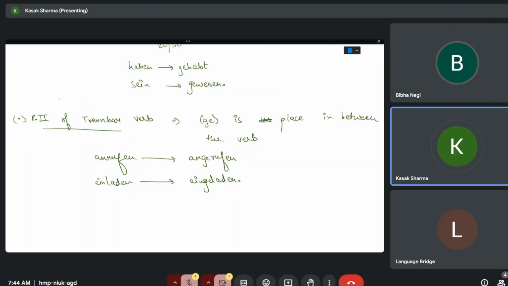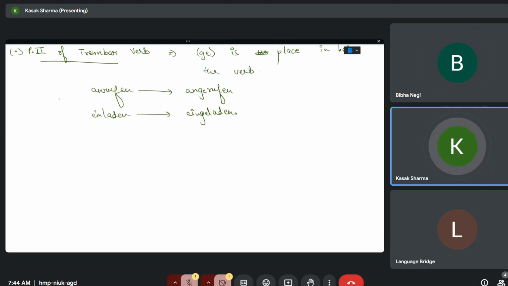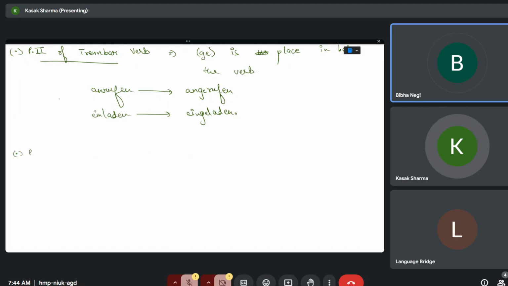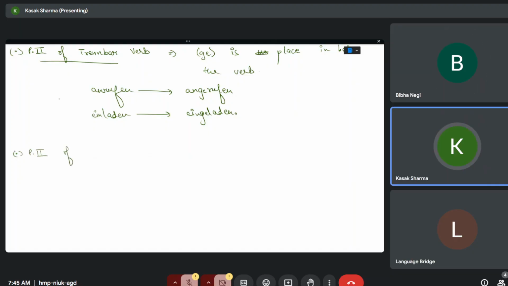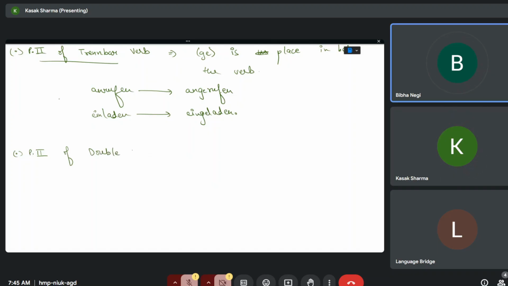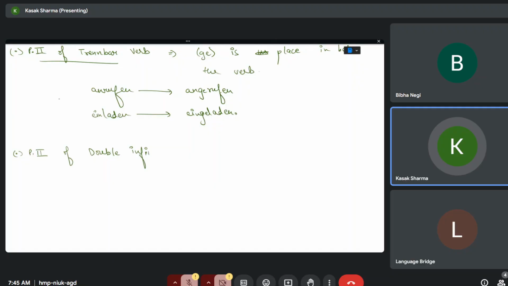Okay. Now, apart from these trennbar verbs, we also have double infinitive verbs. Any idea about those? Okay, from the word we can say that two infinitive forms of verbs are combined to form a sentence. We have einkaufen, we have gehen, right?